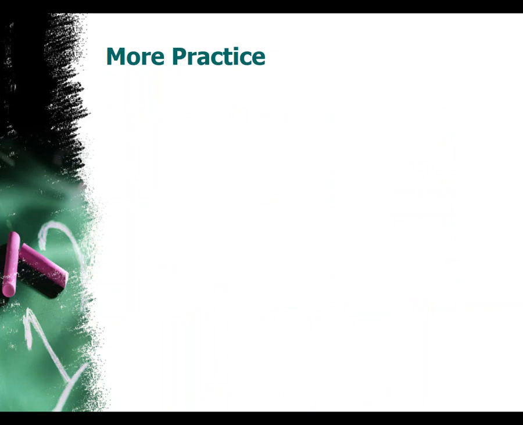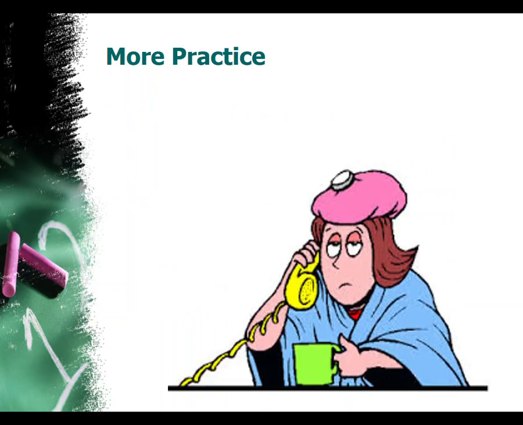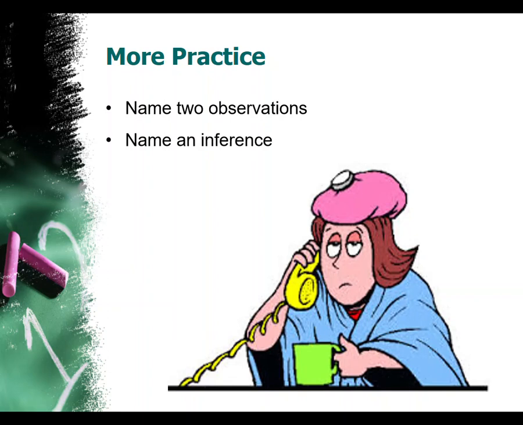Let's try another practice. Two observations that we might make are that we see a woman on the phone. So we're observing, seeing her on the phone. We can also observe that she is holding a green mug or a green cup, or she has a blue blanket around her. Now, an inference would be drawing a conclusion based on those observations.